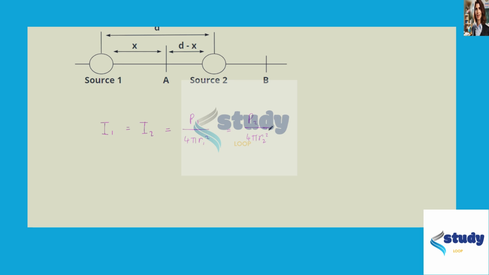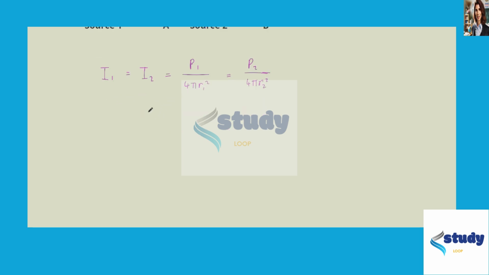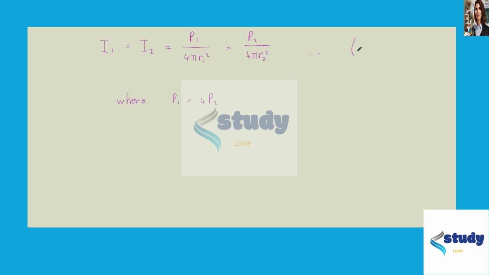We know that the power P1 emitted by source 1 is 4 times greater than that emitted by source 2, so P1 is equal to 4 times P2. In equation 1, as we'll call the first expression, we can set R1 equal to x and R2 equal to d minus x when A is taken as the point of equal sound intensity.